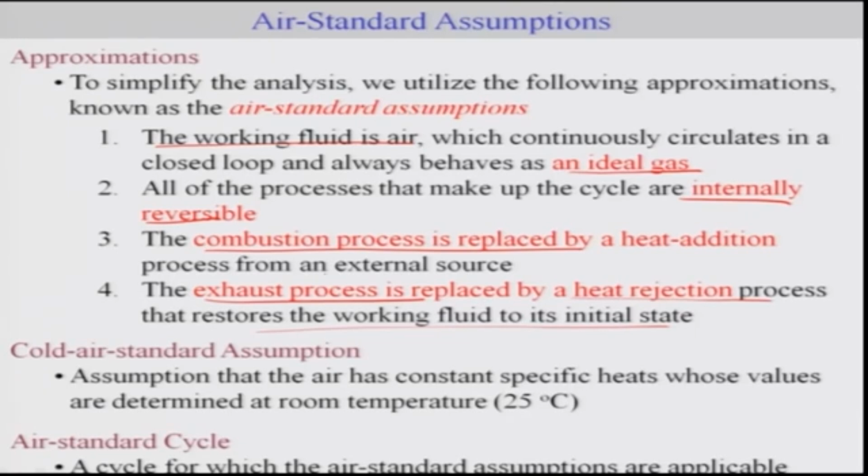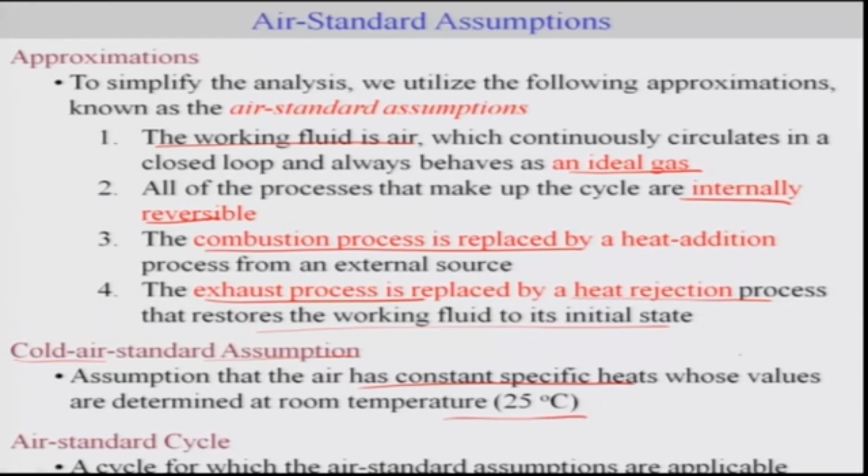We will understand this combustion process and exhaust process for this particular cycle more clearly in the next lecture. The other assumption which we are going to make use of is the cold standard assumption, where we will consider the air having a constant specific heat at room temperature for the analysis.